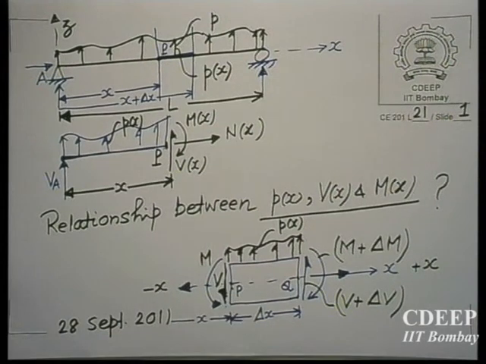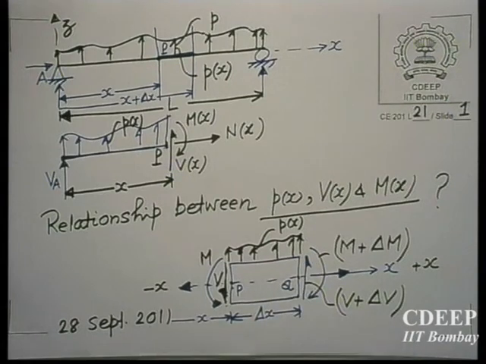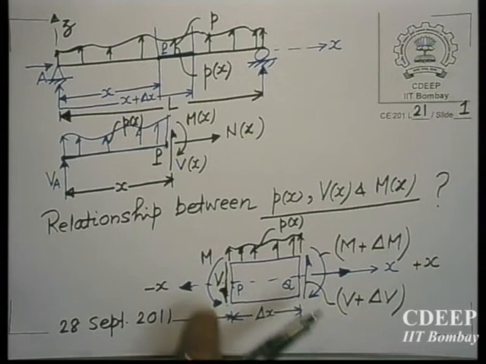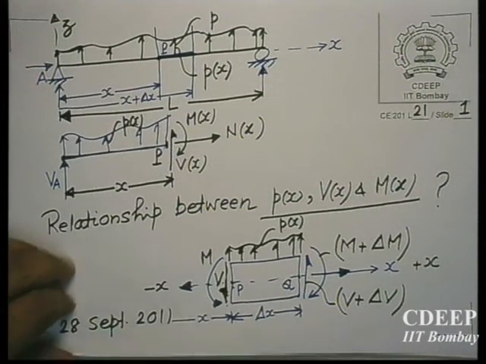So, negative z direction shear force will be 0 here, positive z direction shear force will be 0, and if this is a bending moment which is going in the positive y direction, here it will be in the negative y direction, because this vector will be negative. Anyway, so let us consider the equilibrium of this element. So, our problem will get resolved.